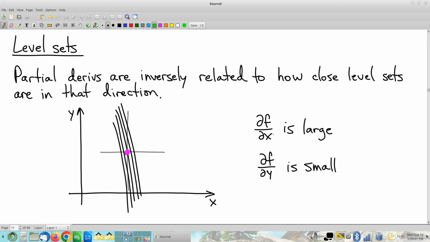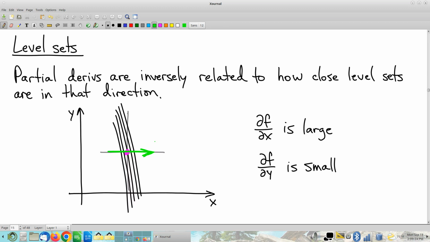Okay, all right, so here's what we're going to do. I'm going to use my favorite metaphor for level sets, which is that they are what we use to understand topographical maps, contour lines and all that. I like to think of each level set as representing a height on a hill that I'm hiking on.